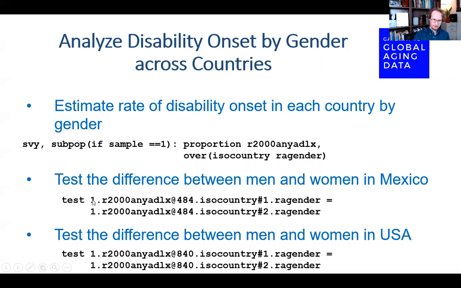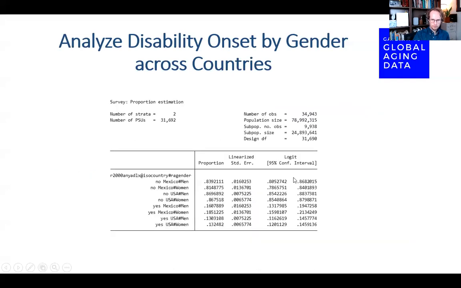It is the test of the people who have a 1 for having developed a change, with an ISO country code of 484 for Mexico, with an RA gender value of 1. So the thing we're comparing here is men who developed a difficulty in Mexico versus women who developed a difficulty inside of Mexico. And then we can do the same thing for the United States. So your first results for the main command are going to look like this.